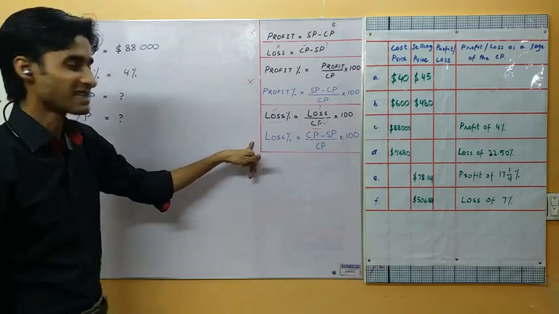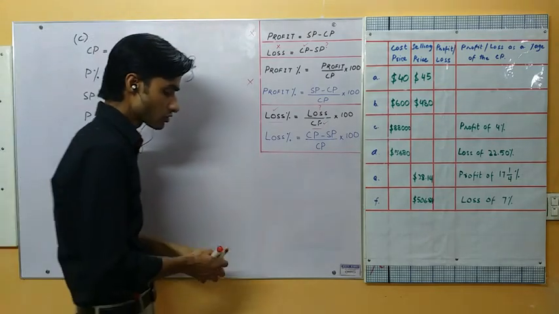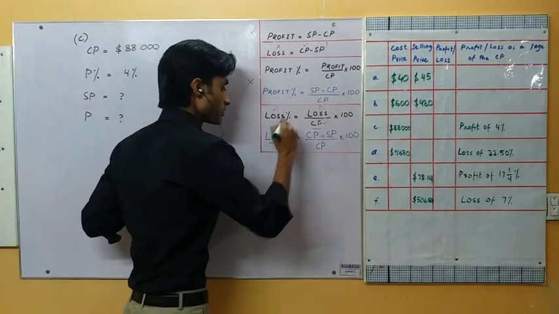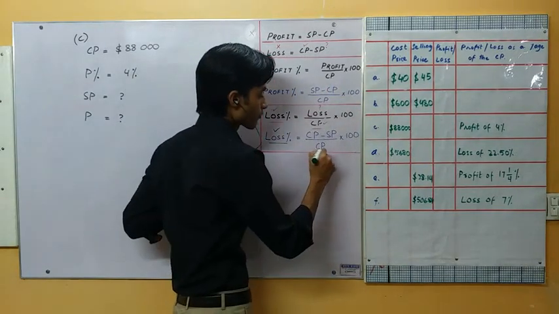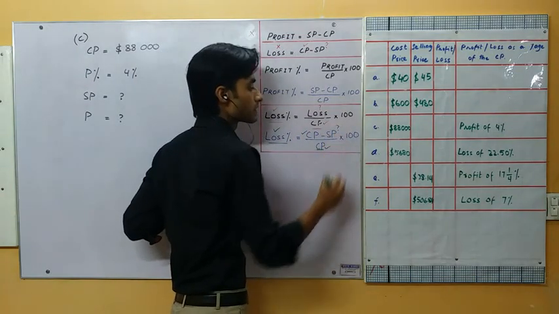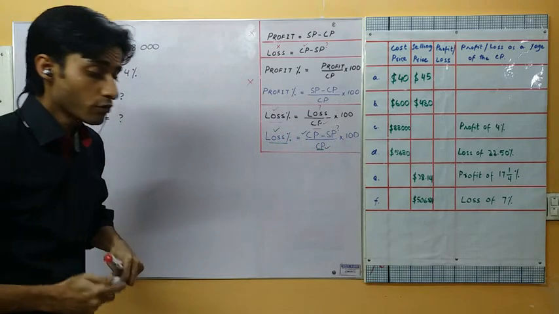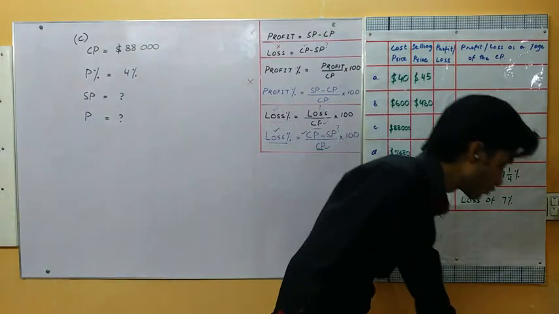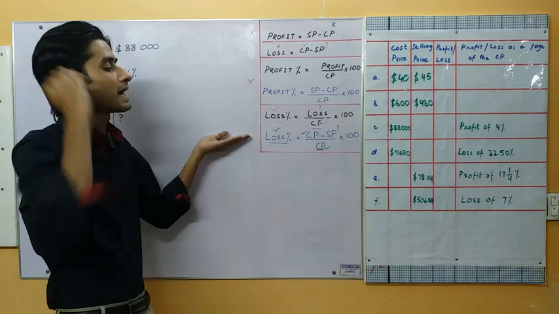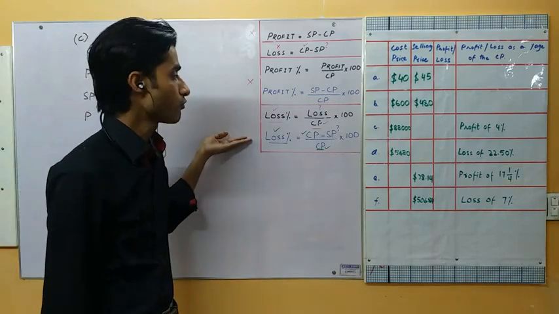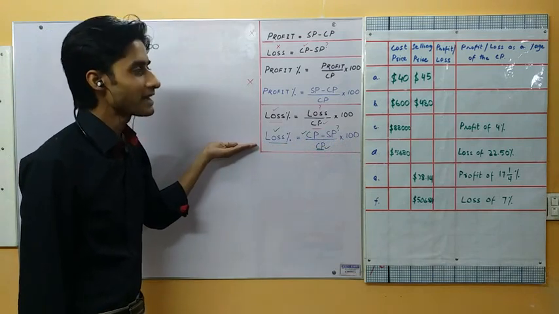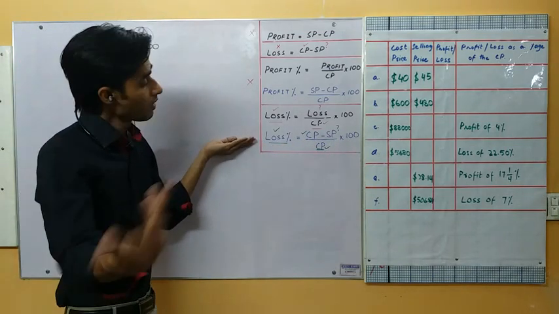Or maybe if any one of you decides to use this formula first, let's check what are the things that we have available. We have loss, which is known. We have cost price. Cost price is also known. The only unknown is selling price. So if you choose this formula to use first, from this formula you will be able to find out selling price first, and then you might be able to find out loss.